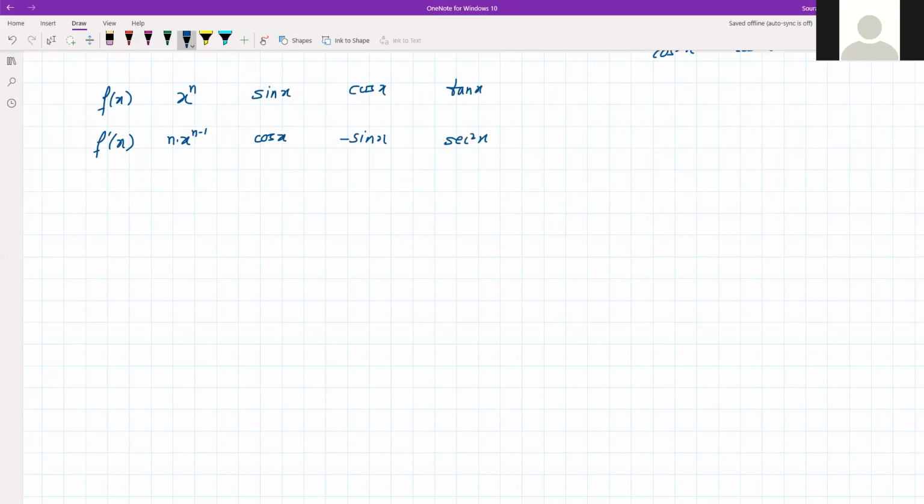So these were some important or standard differentiations or derivatives which we have already seen last year. So we have already seen how to check whether a function is differentiable or not, and then we have also seen some important rules.